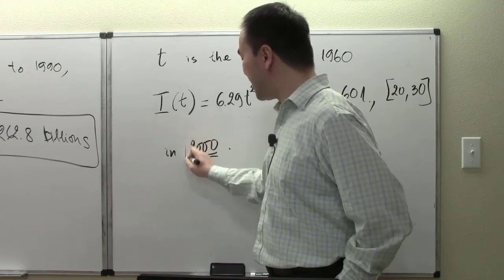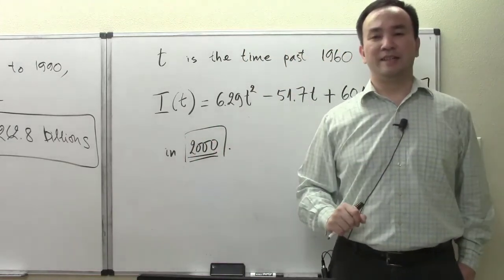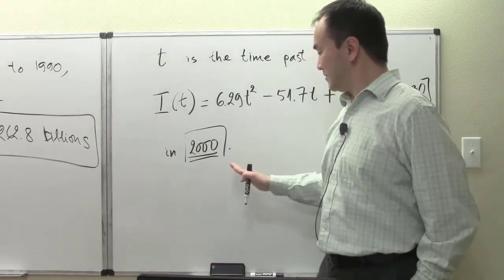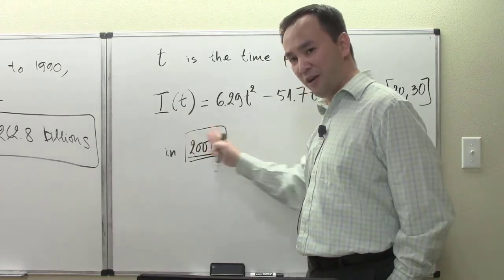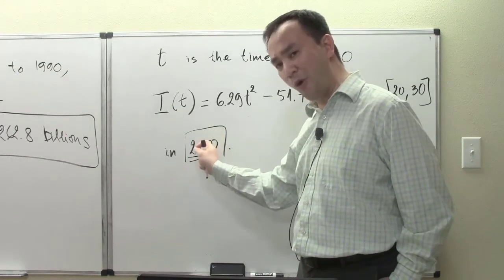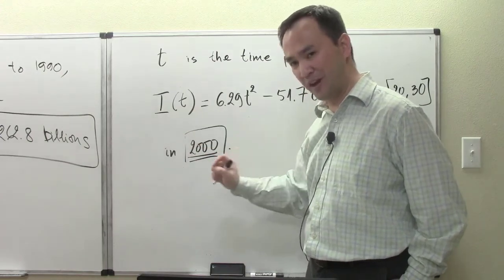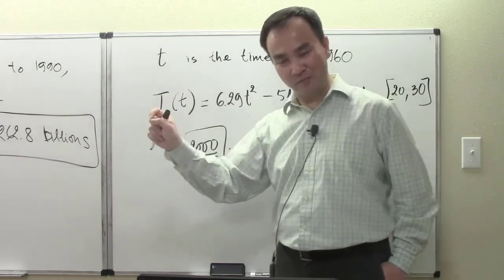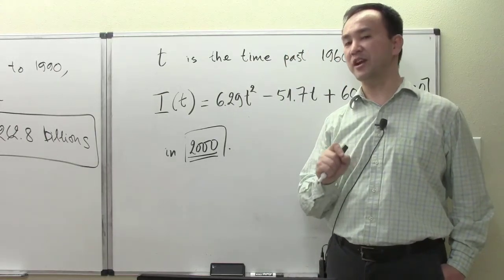This year 2000 is only one single instant of time. Instead of having a beginning and final value of the interval, we only have one single point value for our variable, and we are expected to find a rate of change that happens only at that instant. And that's what instantaneous rate of change is all about.